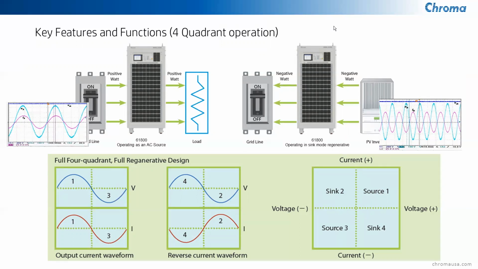The other thing is when this unit is operating as a sink, sinking power, it will give you a waveform that looks similar to this, because the current shunts or the current sense transformers that we use internally are directional, and so when power is going back to the grid, it'll appear that the current and voltage are out of phase.